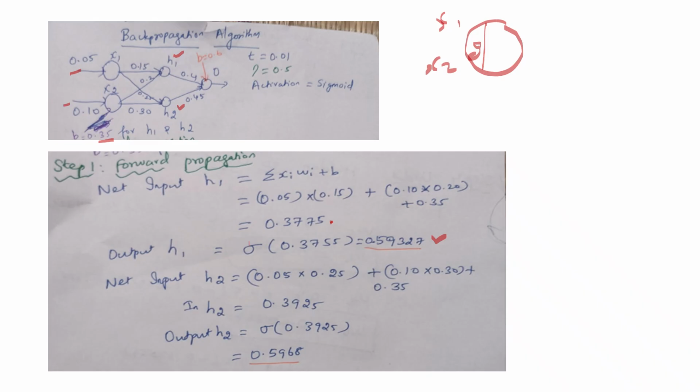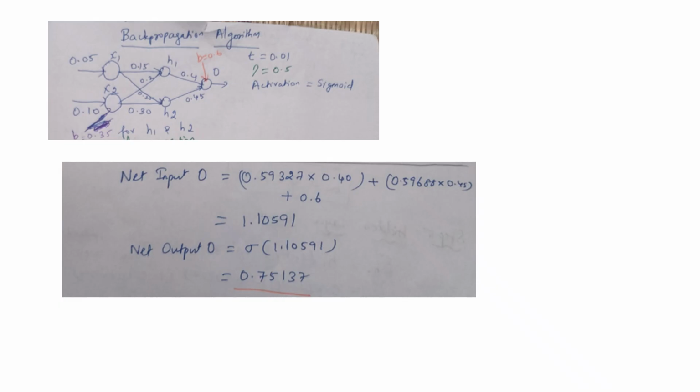Again, we have to forward this h1 with the weightage of 0.4, and h2 with the weightage of 0.45, to the output layer. After getting the summation, again we have to apply the sigmoid to get the output. So what is the output layer input? That is hidden layer value 1 with the weightage of 0.40 and hidden layer value 2 with the weightage of 0.45, plus the bias value.